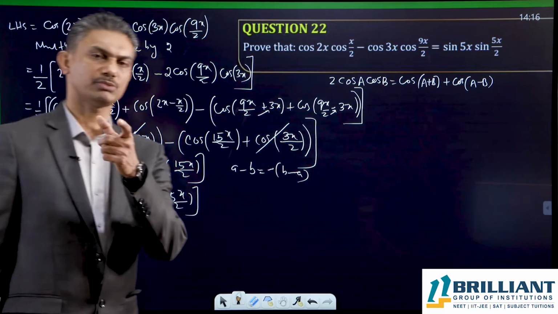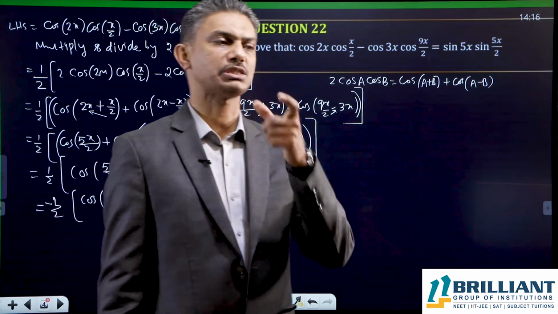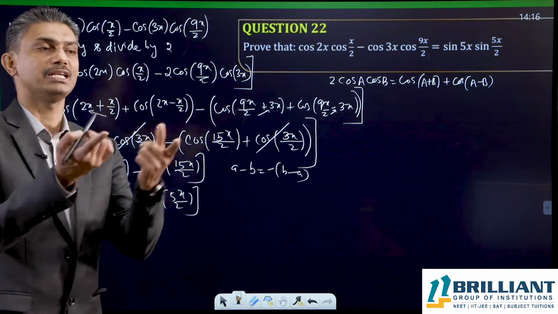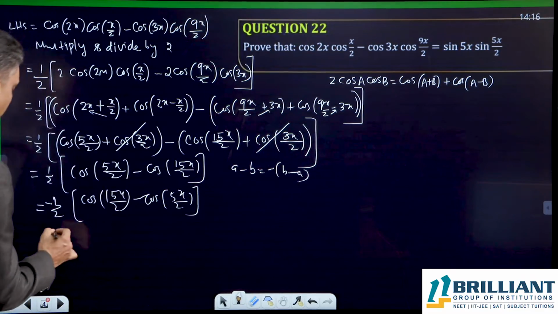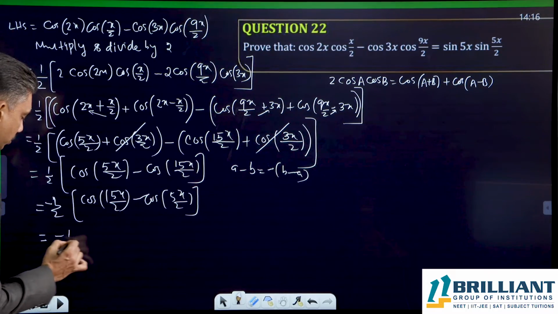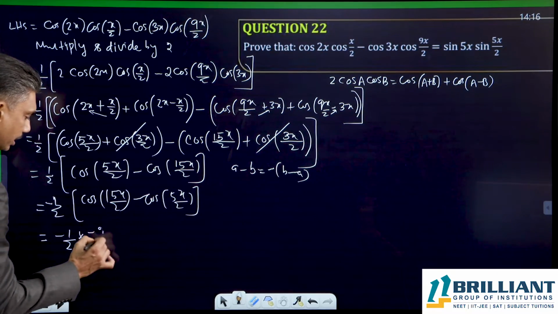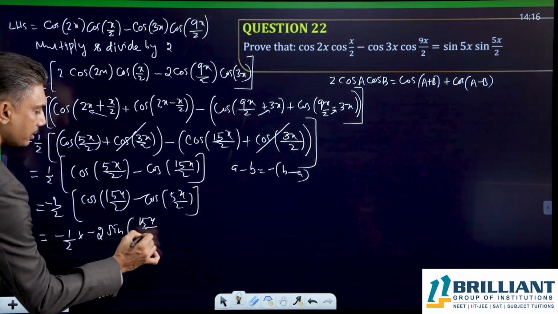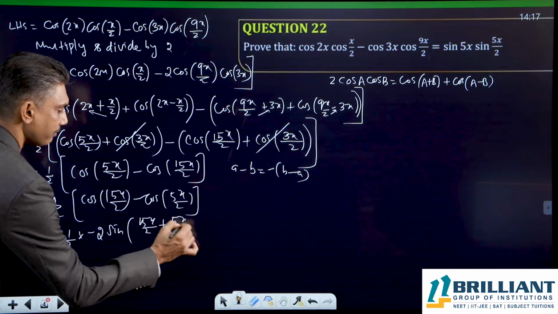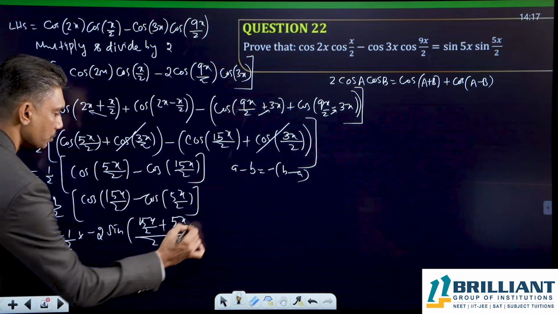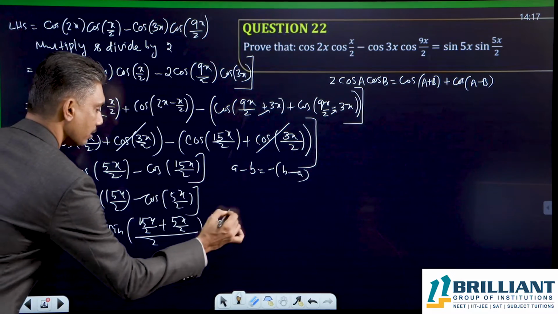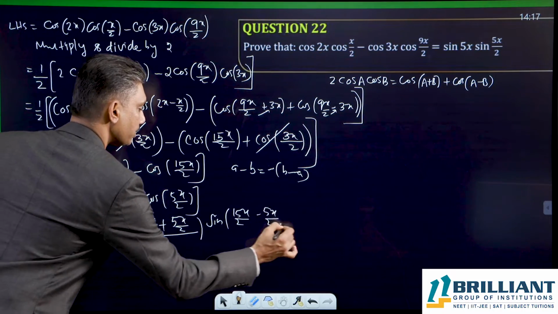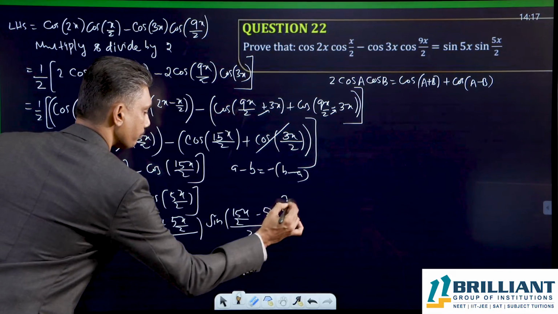Again, in the previous module, we did many questions by cos C minus cos D. What is cos C minus cos D? Minus 2 sine. So, there is minus 1 by 2 into minus 2 sine of 15x by 2 plus 5x by 2, by 2, into sine of 15x by 2 minus 5x by 2, by 2.